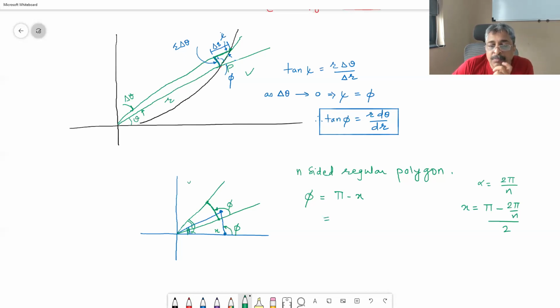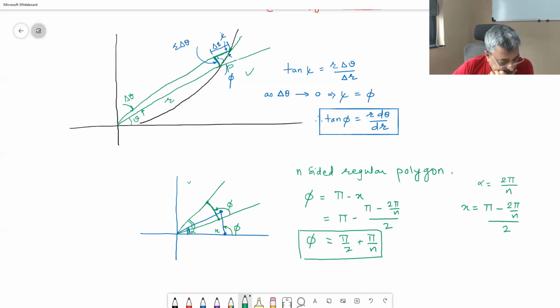And therefore phi is equal to pi minus (pi minus 2 pi upon n) whole divided by 2. I hope you will be able to simplify this and you will get phi is equal to pi by 2 plus pi by n. This is the value of phi that you will have.